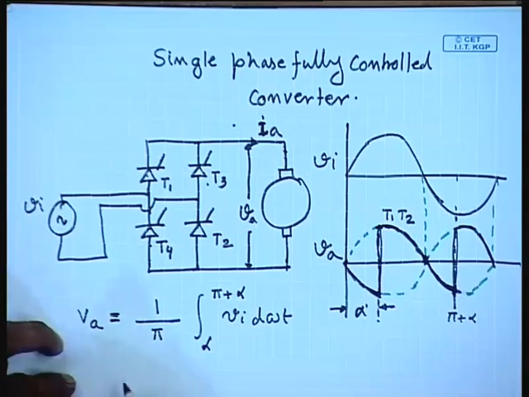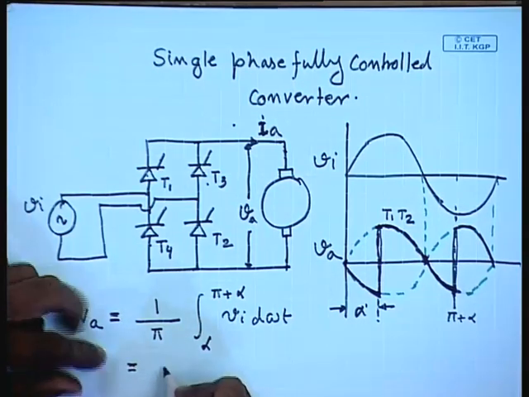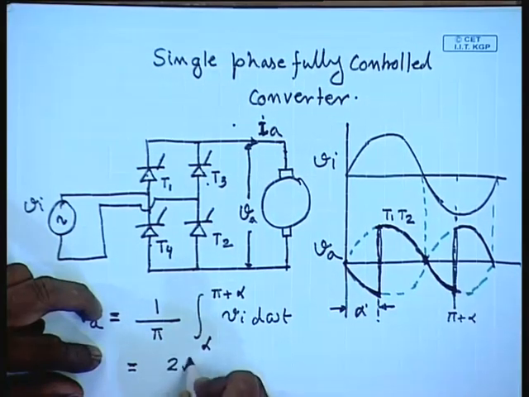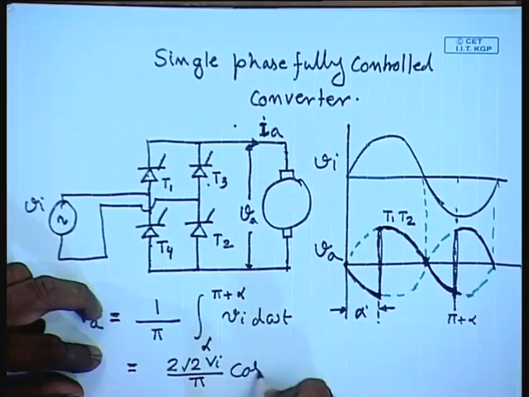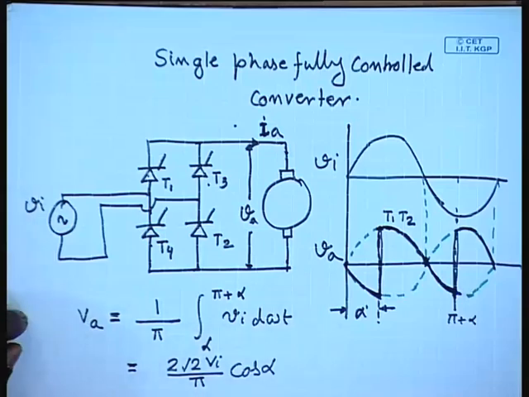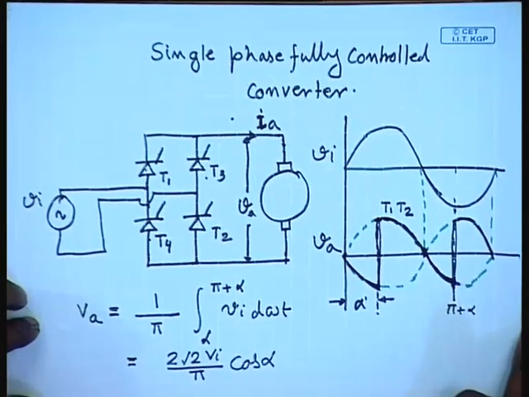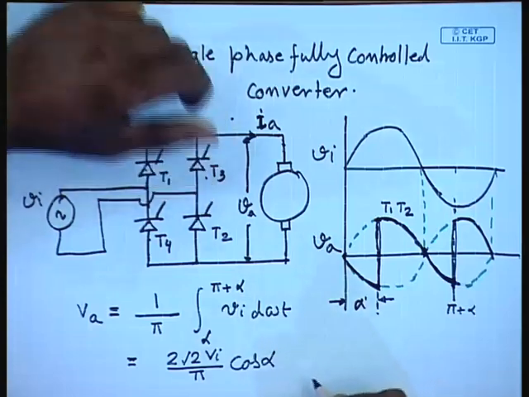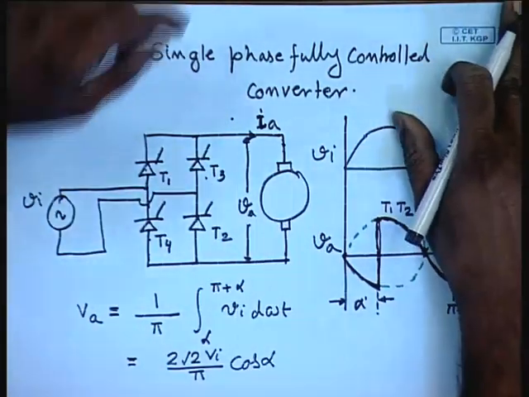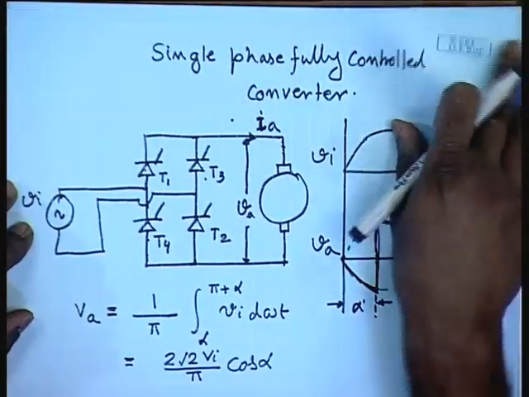This comes out to be, where Vi is the RMS of the input voltage.